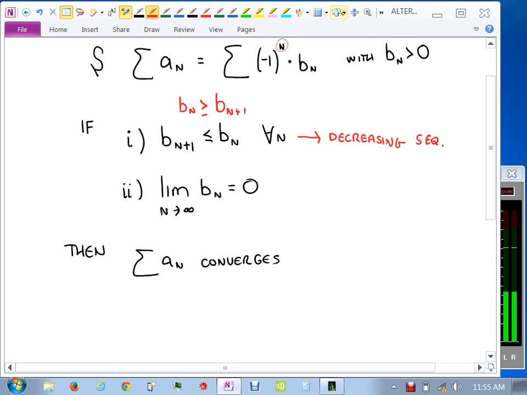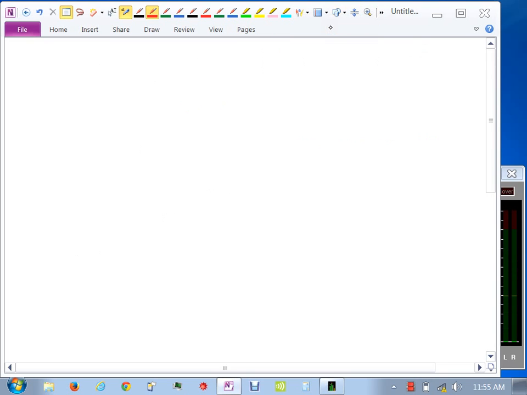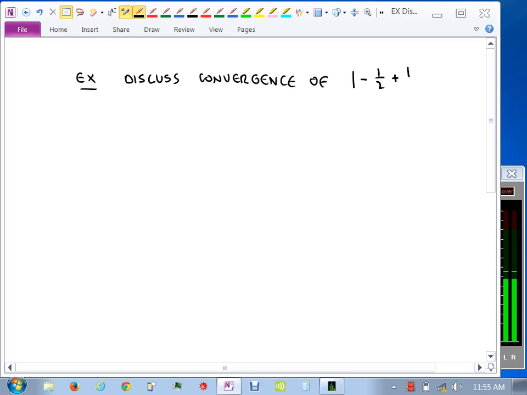Let's do an application of the test. Discuss or determine convergence of 1 minus a half plus a third minus a fourth plus ... That's that series we had earlier, right?